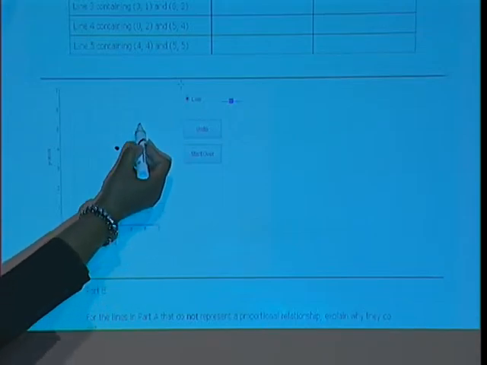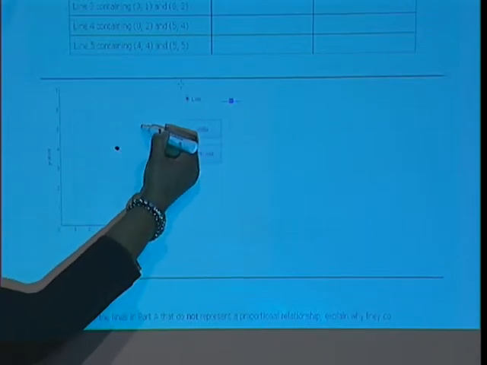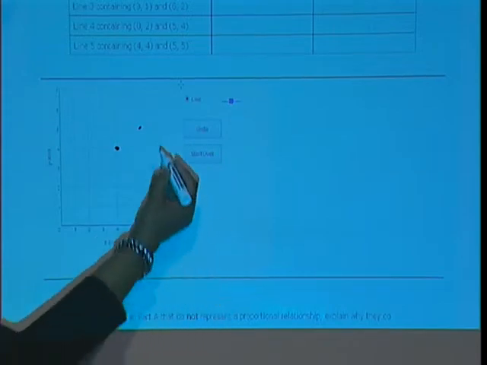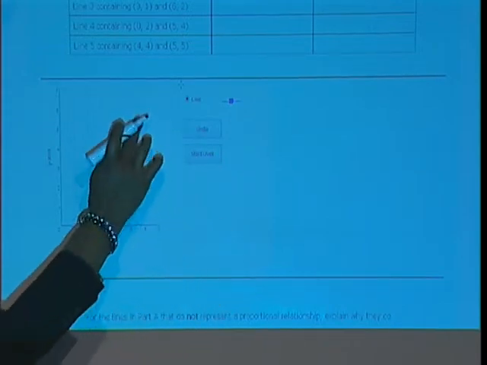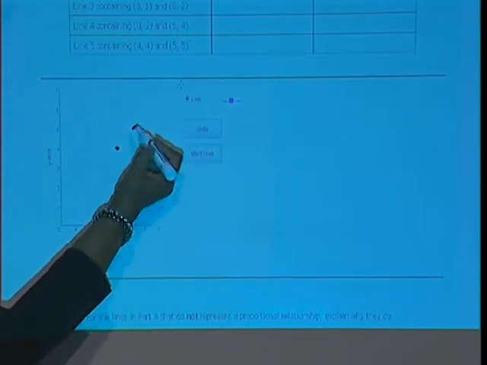Up 5, 1, 2, 3, 4, and 5. Here we go. All right. You also take a look at that. If I continue this line, it will pass through the origin. And yes, this is also a proportional relationship.